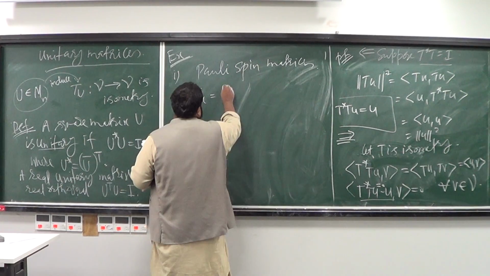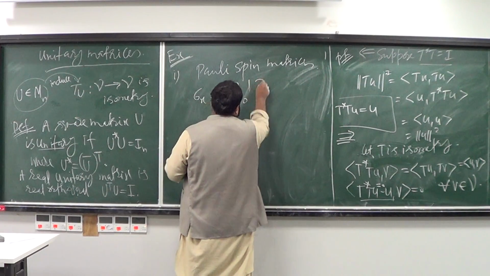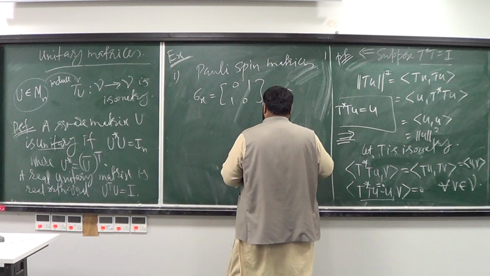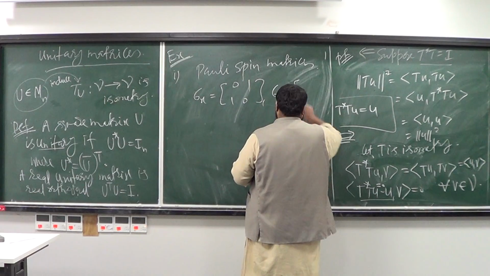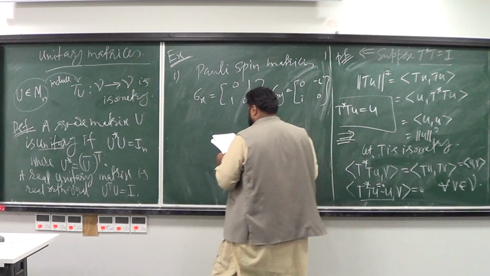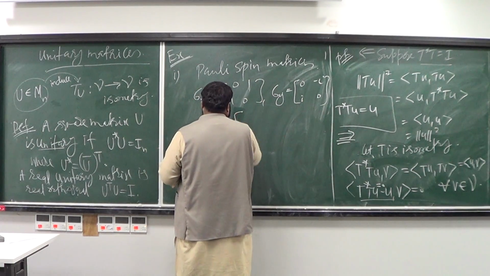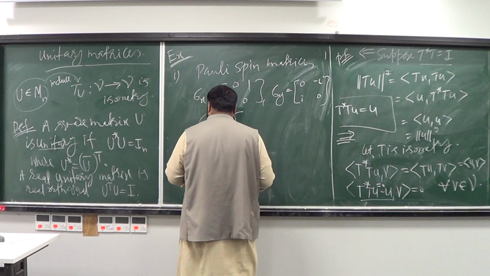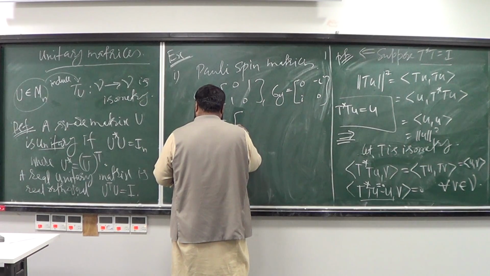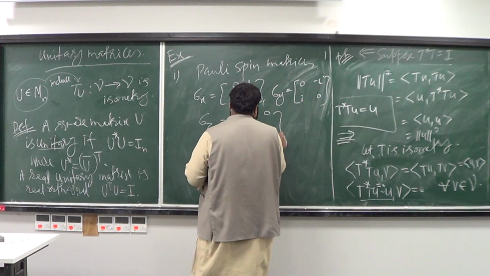So the spin matrices: sigma x is 0 1, 1 0; sigma y is 0 minus iota, iota 0; and sigma z, for a spin one half particle, is 1 0, 0 minus 1.